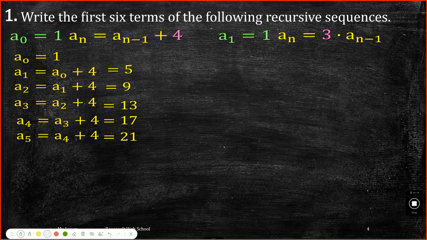And the answer is that this is geometric. And now that we know that it is geometric, because it's multiplied, I'm going to write A1 again, A2, A3, A4, A5, A6.